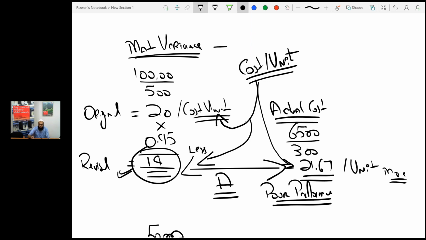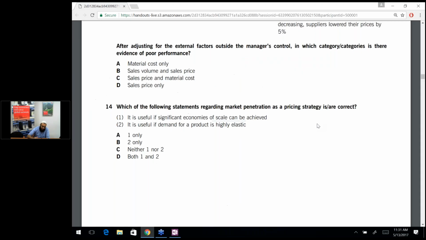So it was done on the basis of cost per unit, my friend. I was not provided with anything like total kgs, so that I would have worked out the price per kg. Okay. So I'm sure this must help you to solve the question.